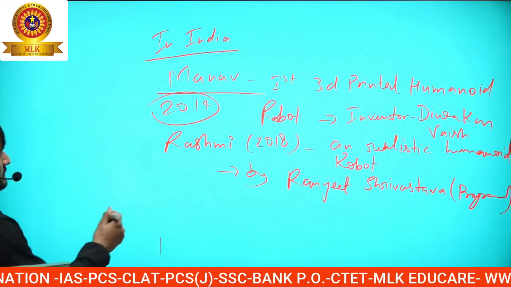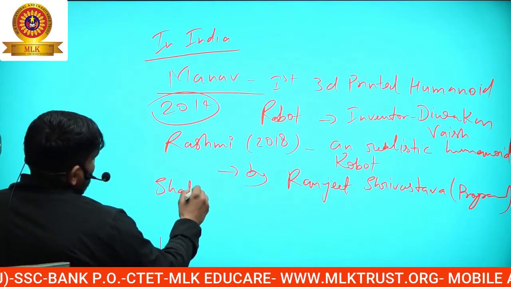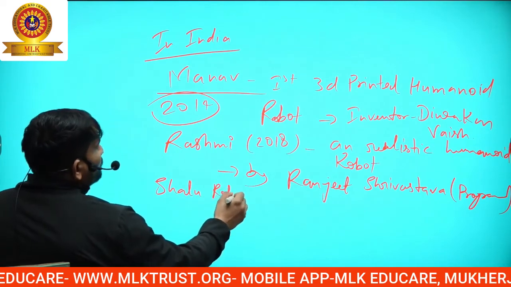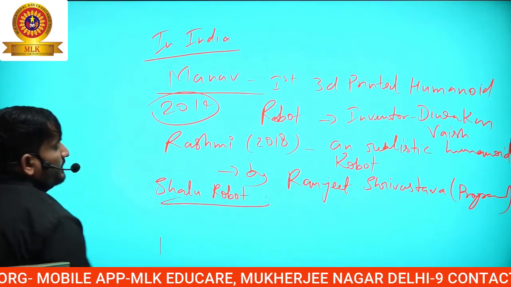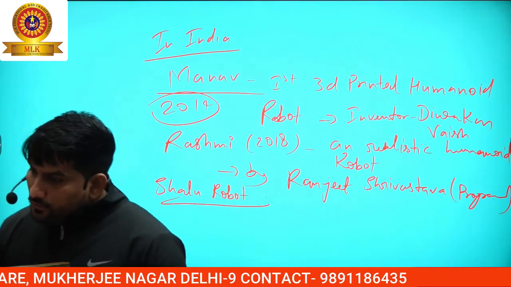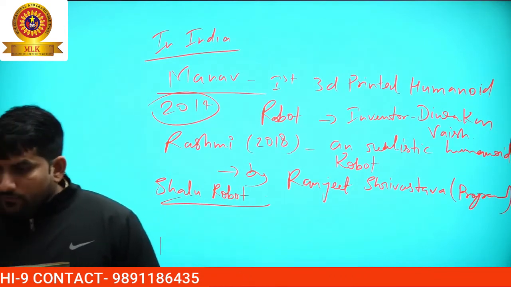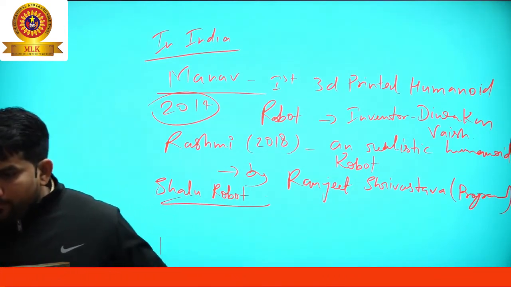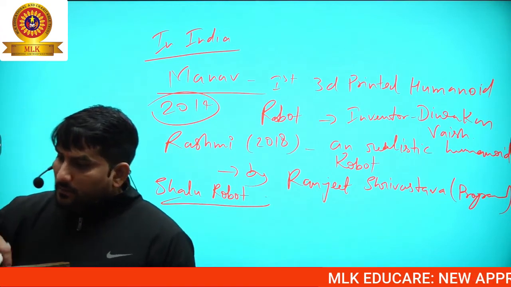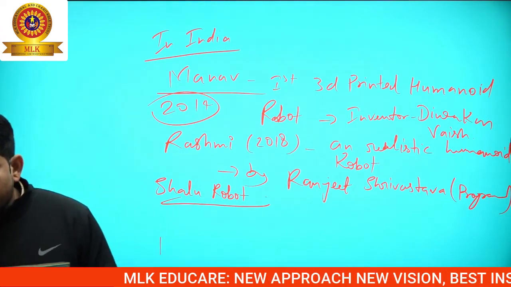Which one? Shalu robot. Clear? So Shalu robot is considered the world's first homemade artificially intelligent multilingual social and educational humanoid robot.